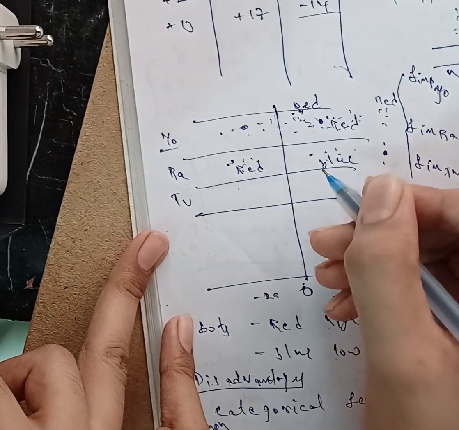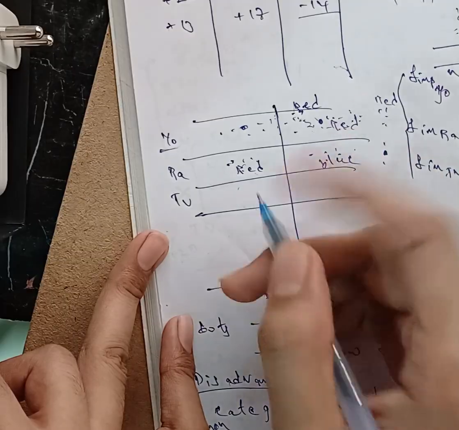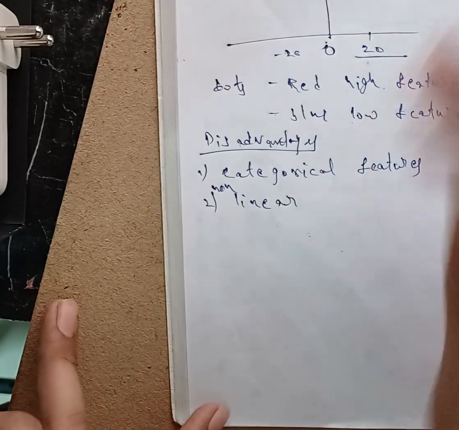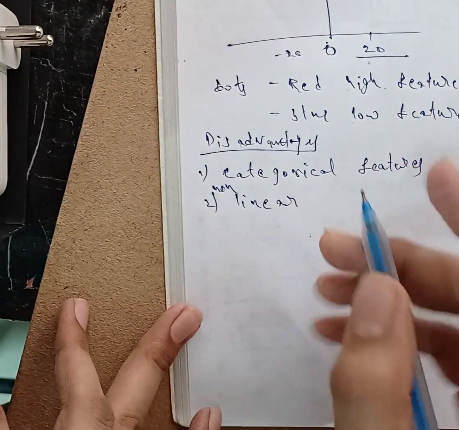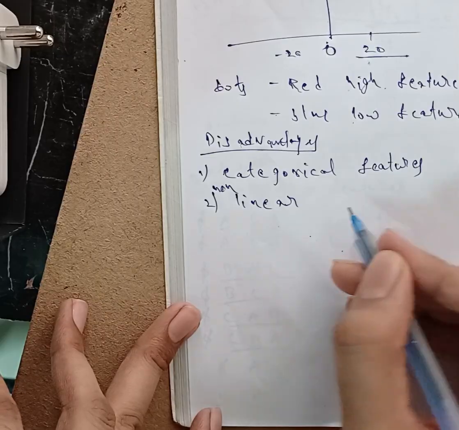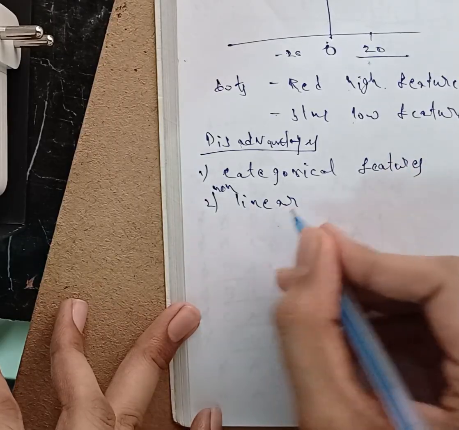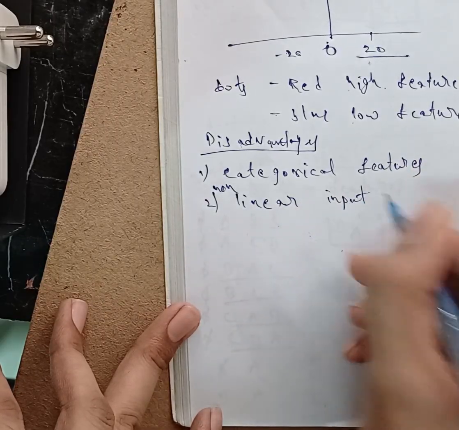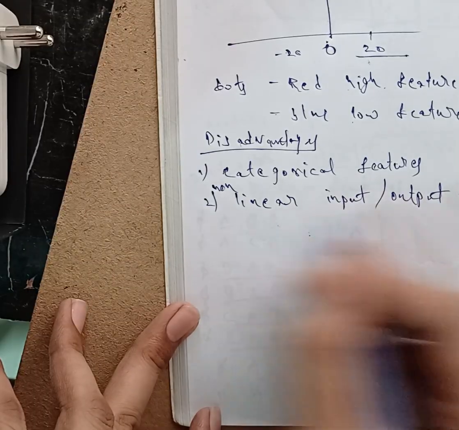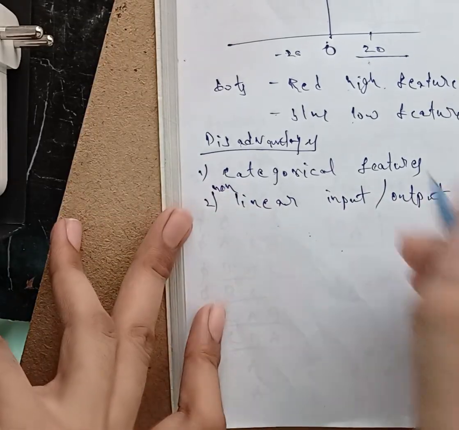That means there is some non-linear relationship. There is no linear correlation, there is some non-linear correlation. So if there is a non-linear relationship between input and output, we can't interpret it using the Beeswarm plot.